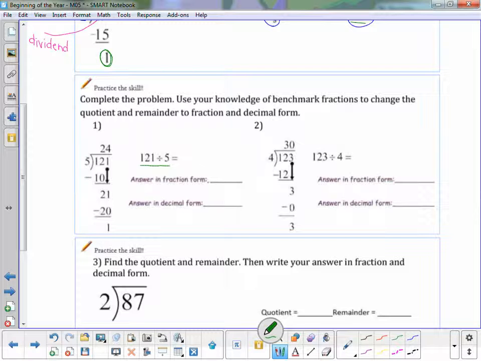So, to set it up, we have our dividend, and 5 is our divisor. And notice how it looks a little bit different when we set it up as an algorithm. So that then 5 comes first, you're dividing 121 right here by 5. So just so we know how it looks when we set it up.